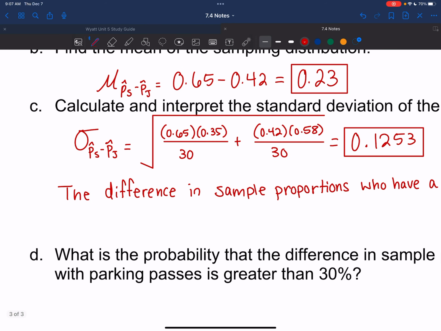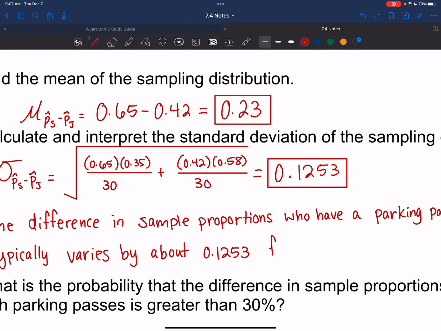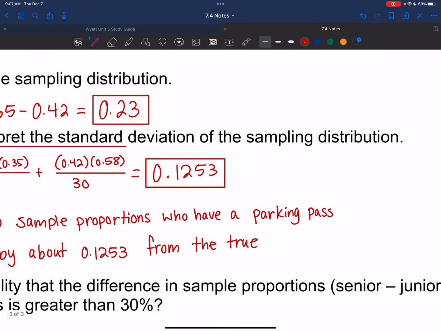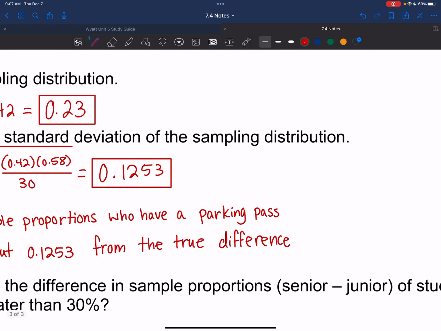Typically varies by about 0.1253 from the true difference in proportions.